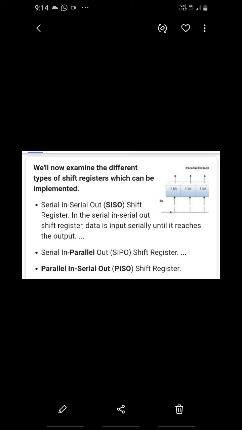The types of data movement in shift register operation. The 4-bit register and the arrows indicate the direction and types of data movement in the above PPT.